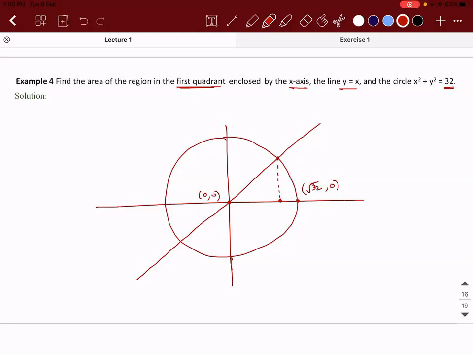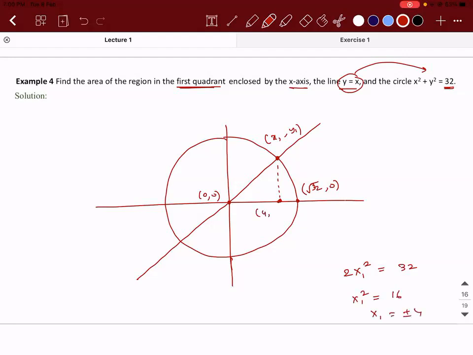But what about this point? To get this point, I need the coordinates of these points, x1, y1. So how do I find x1, y1? So x1, y1 lies on y is equal to x, and it intercepts with this circle. So 2 times x1 square is equal to 32, x1 square is equal to 16. So x1 is equal to plus or minus 4.